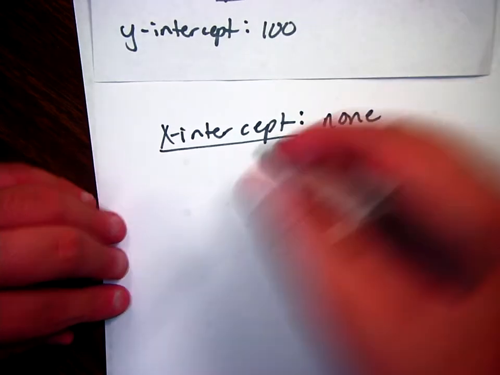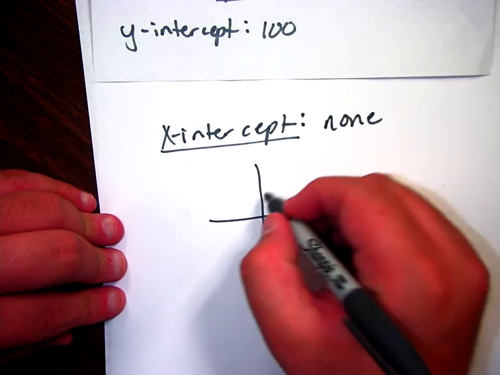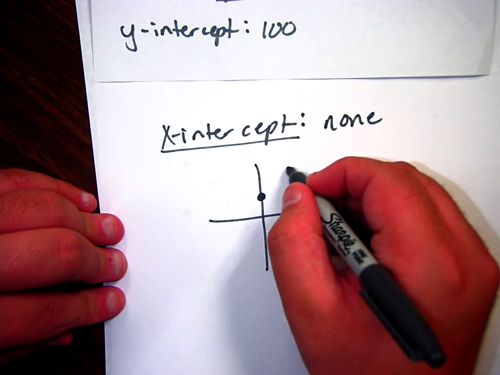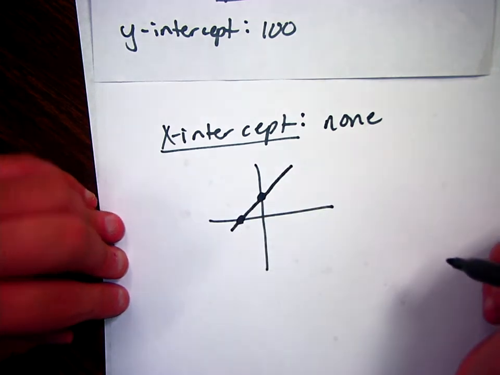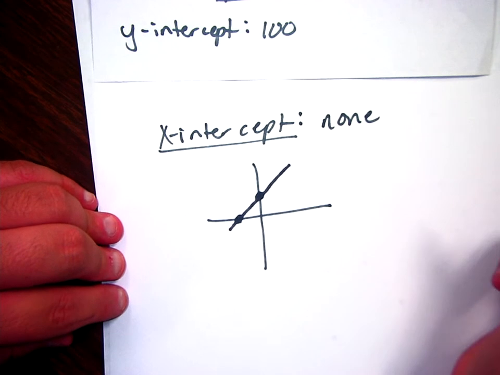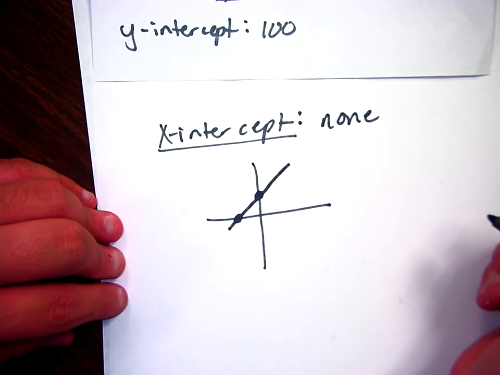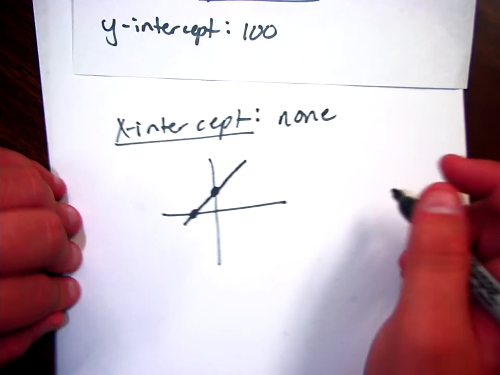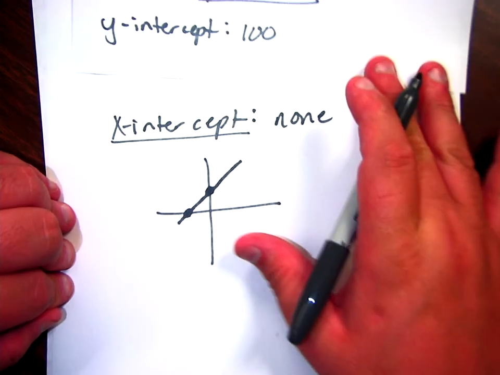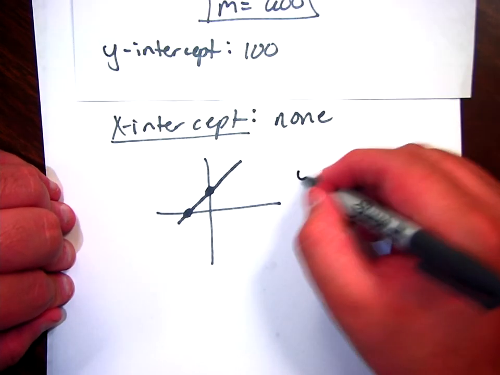Because if we look at the equation, here's the y-intercept, it's going to look like this. So our x-intercept is negative rooms. Are you ever going to ask somebody to decorate a negative number of rooms in your house? No, that's never going to happen. So it's none.